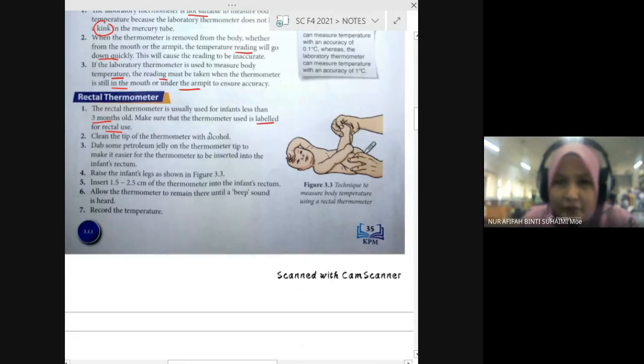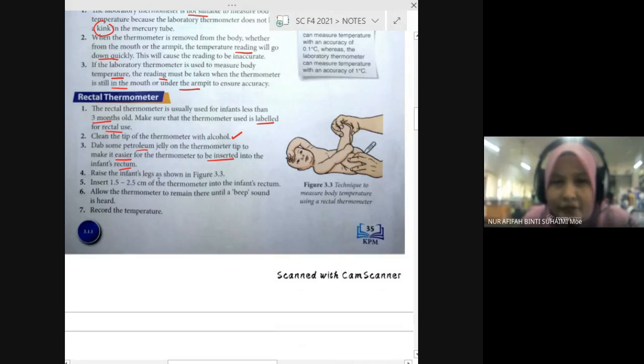Firstly, you need to clean the tip of the thermometer with alcohol to sterilize the thermometer, and add some petroleum jelly to make it easier to insert into the rectum.